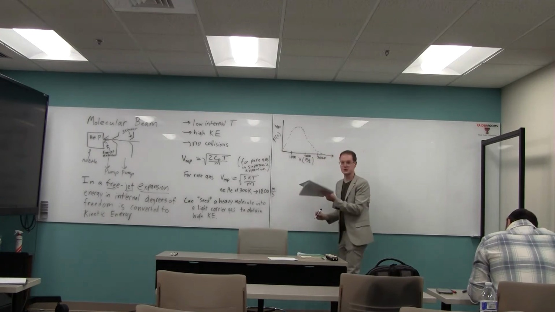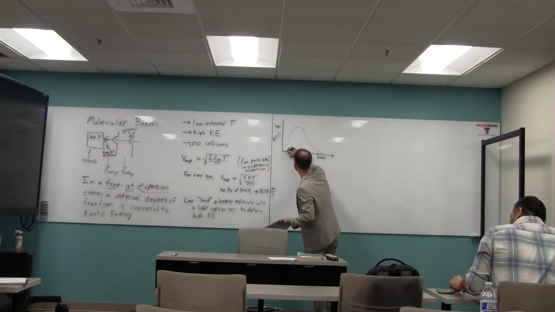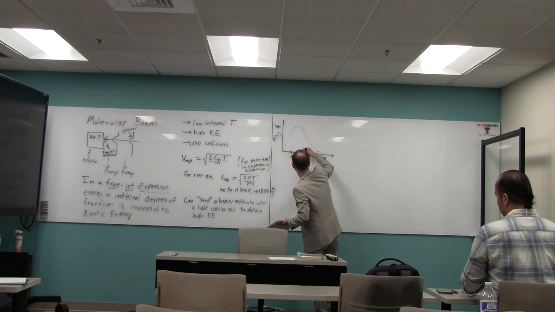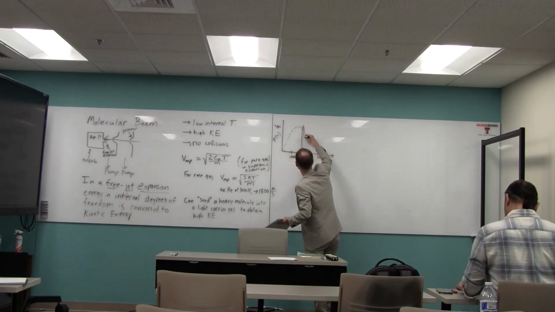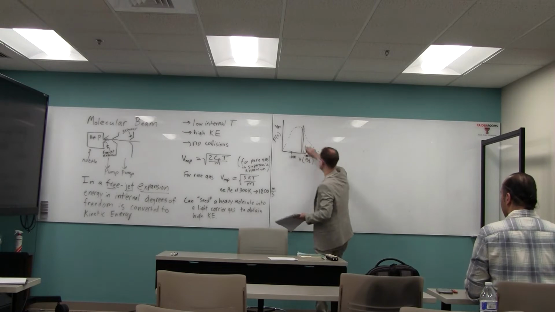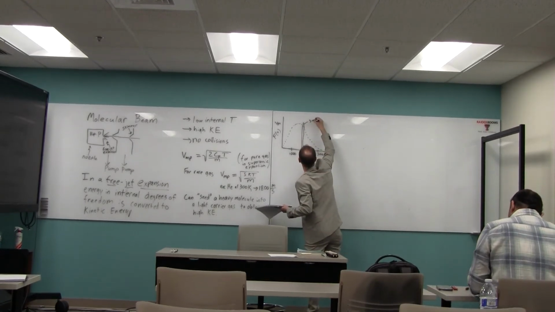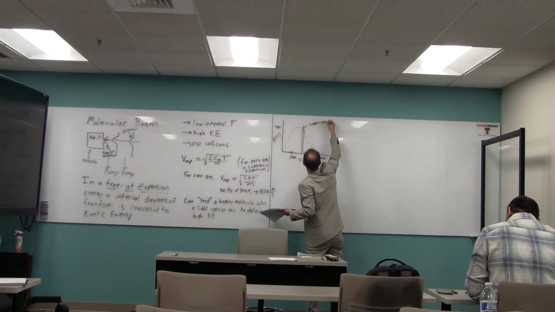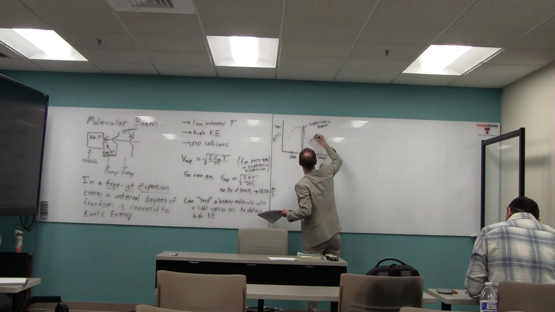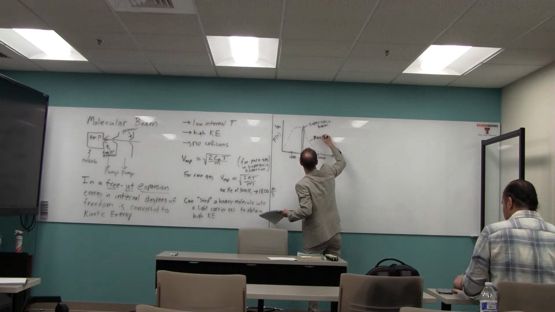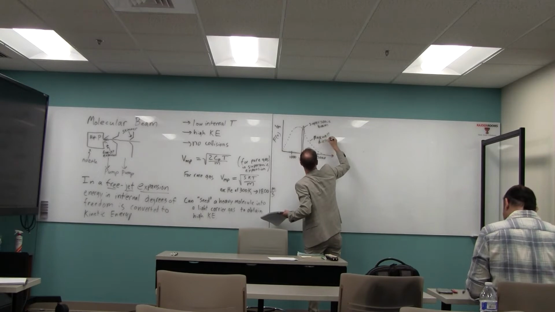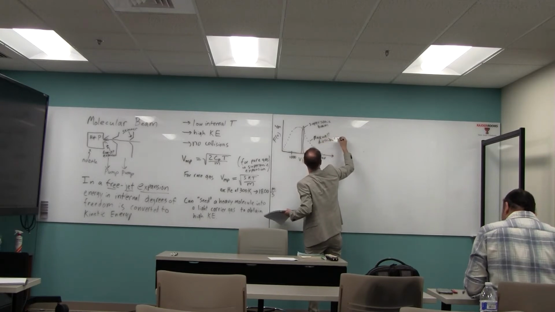But if you make a supersonic beam of helium, then you get a very narrow distribution at around 1800 meters per second. So this one's a supersonic beam. And this one is a Maxwell-Boltzmann distribution at 300 Kelvin.